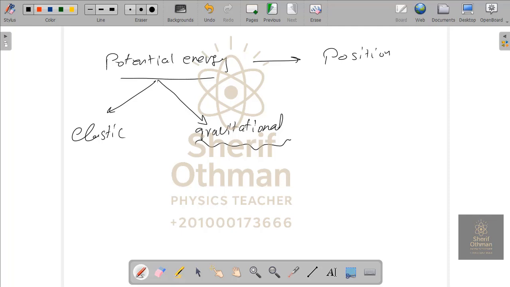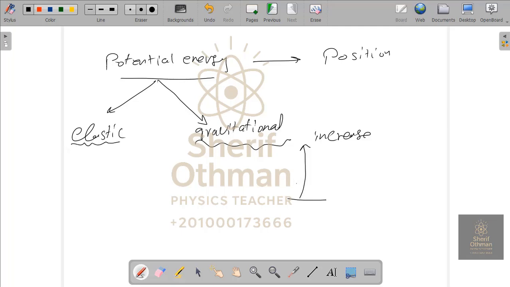Gravitational potential energy is the energy stored inside the object as its height or elevation increases. As the object moves away from the ground, it gains energy, which is called gravitational potential energy.